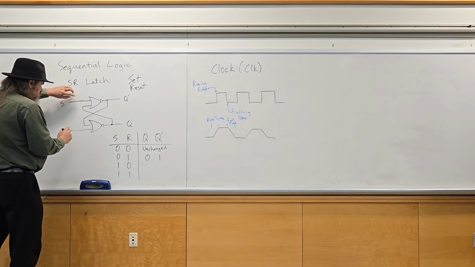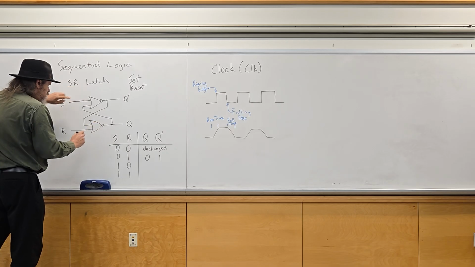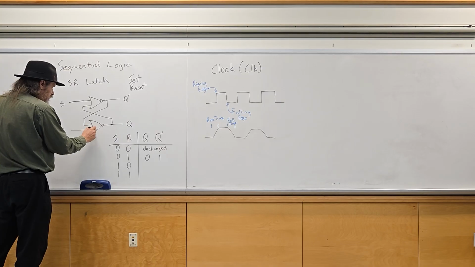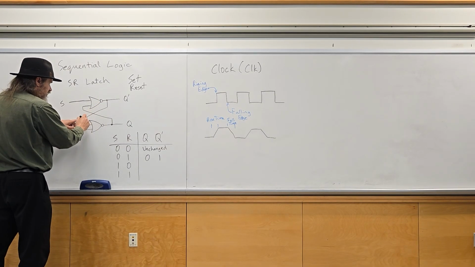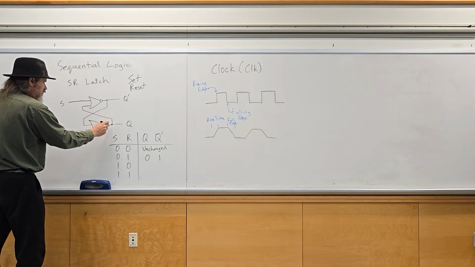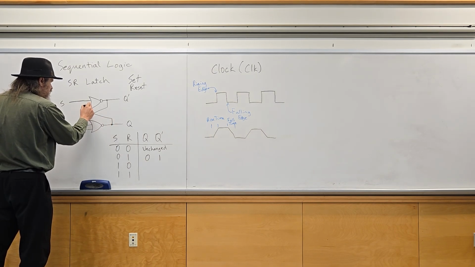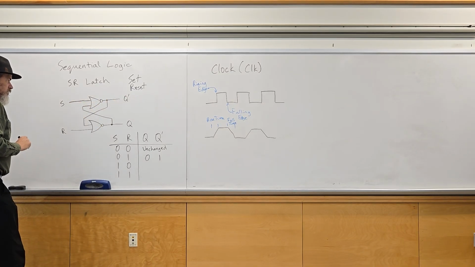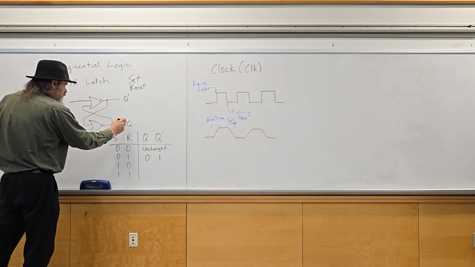If this is 0 and this is 1, the output for this, with a 1, is going to be 0, regardless of what this is, and the 0 is going to come to here. 0 and 0 is going to be a 1, and Q prime will be 1, and Q will be 0.